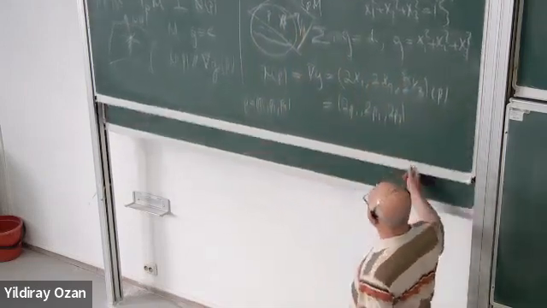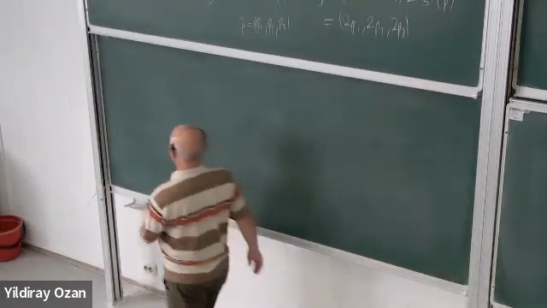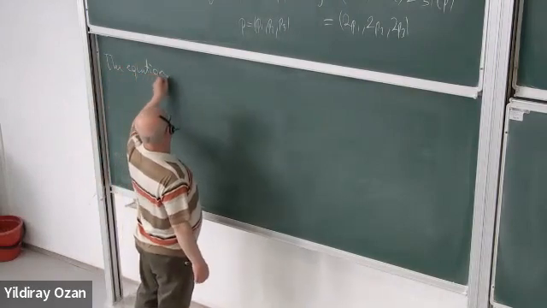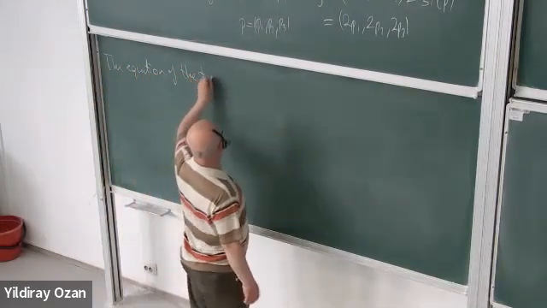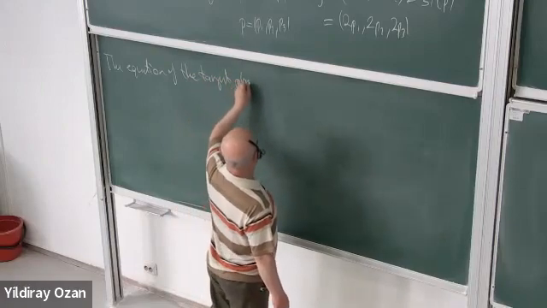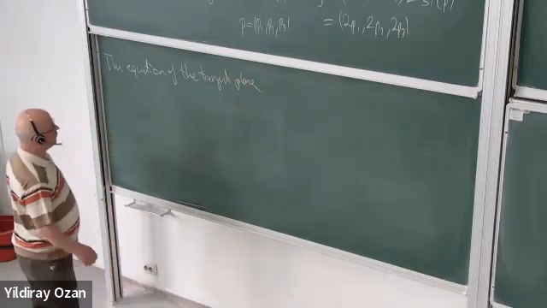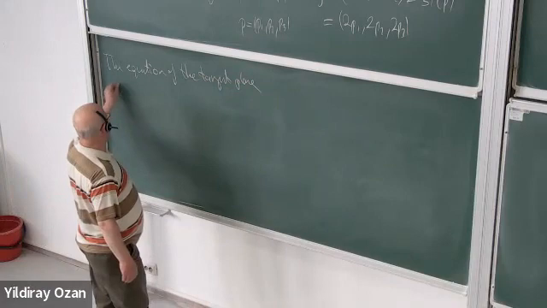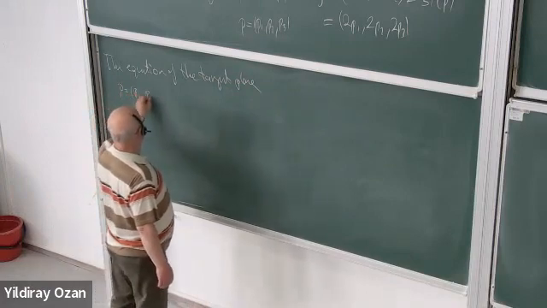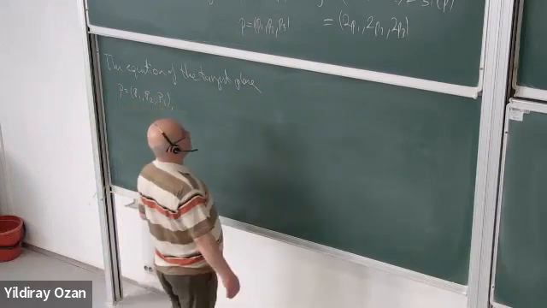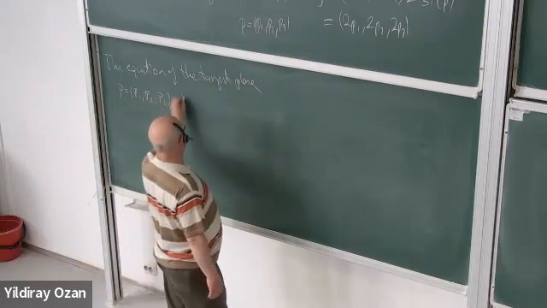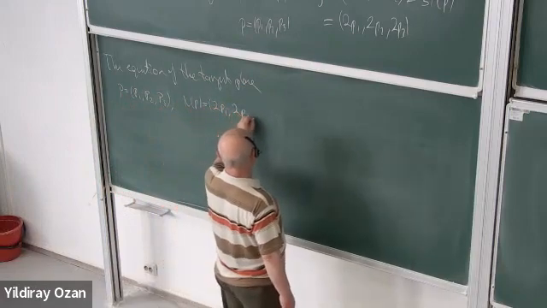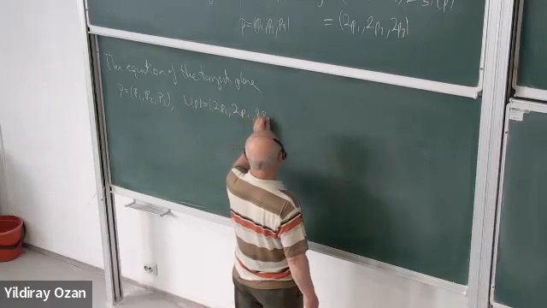We can write down the equation of the tangent plane. How? Well, it passes through the point P1, P2, P3, and the normal vector is just 2P1, 2P2, 2P3.